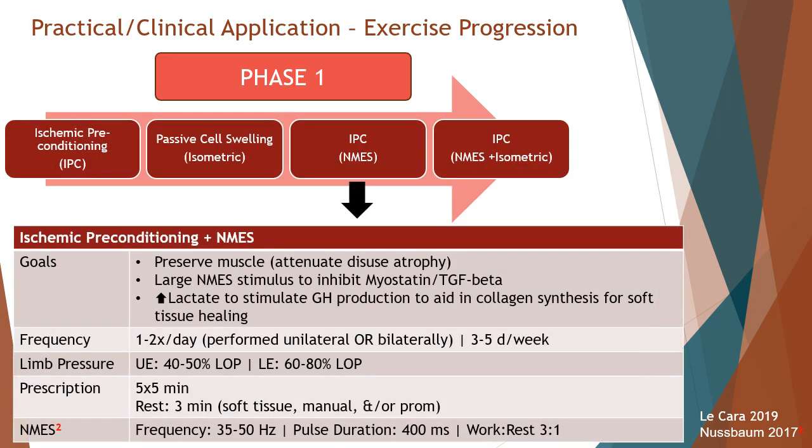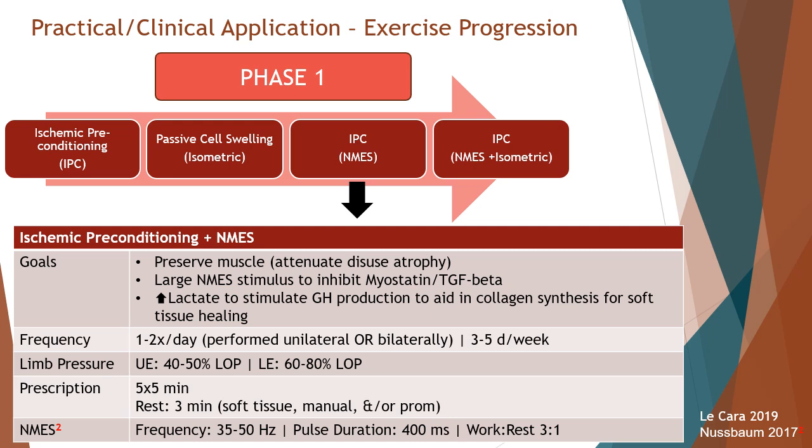Similar for your NMES, the goals remain the same as with the isometrics. The difference here is that your prescription is going to be different, right? So the individual is not going to be volitionally active, so you can bump the pressure higher than you were with your passive cell swelling with the isometrics.